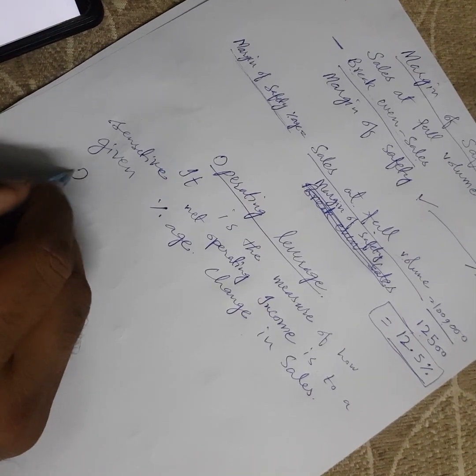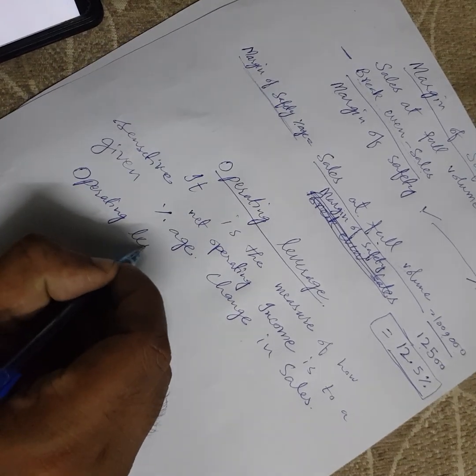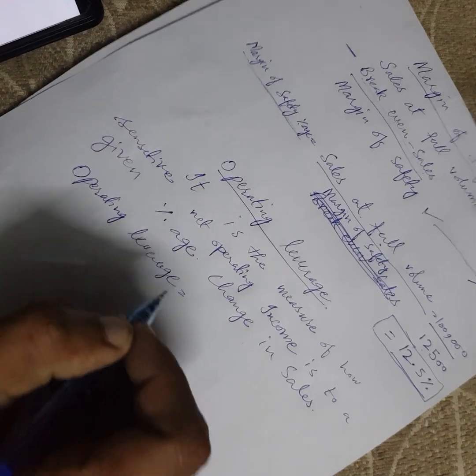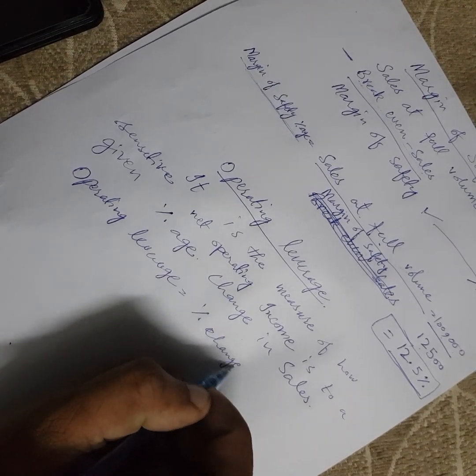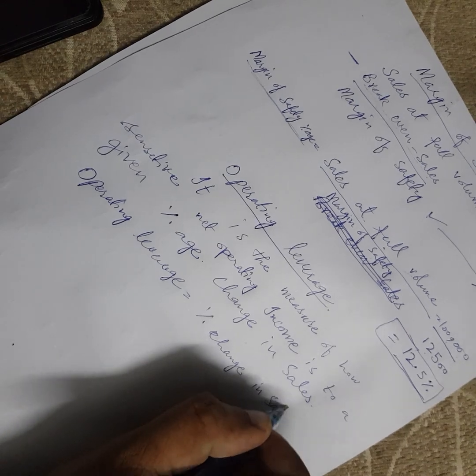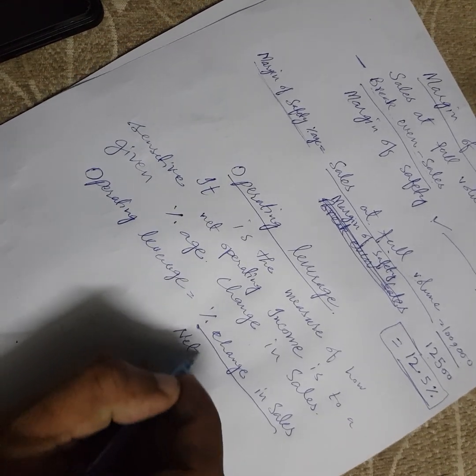So in easy words, operating leverage is equal to percentage change in sales divided by net operating income.